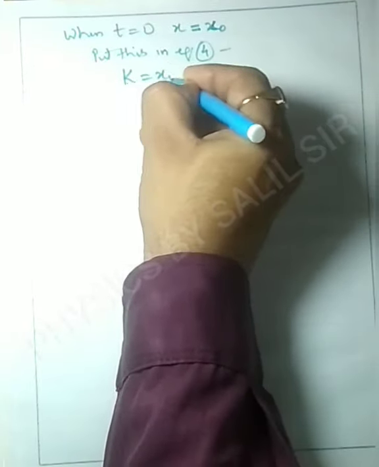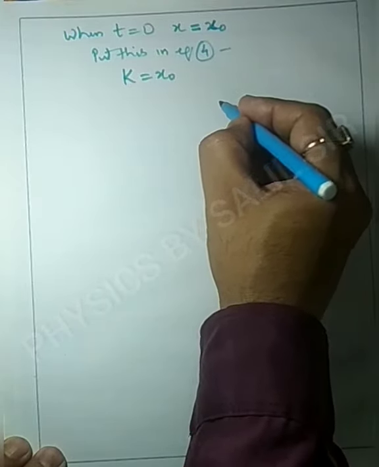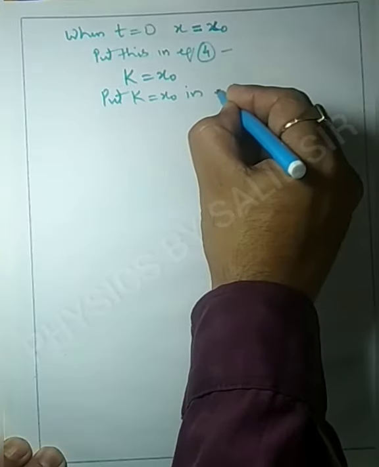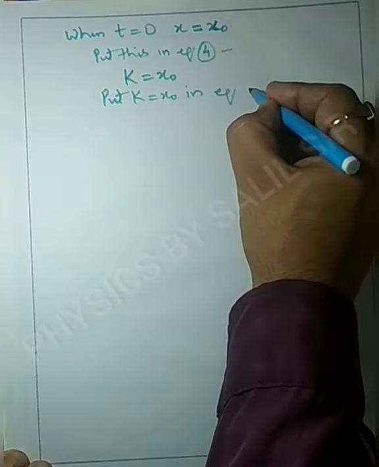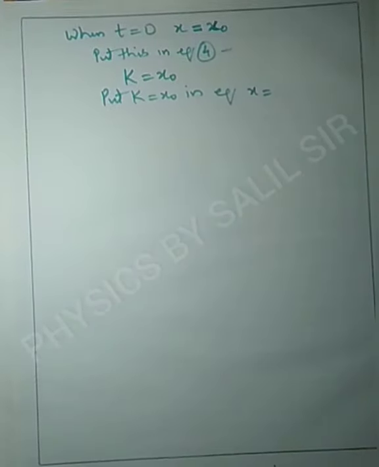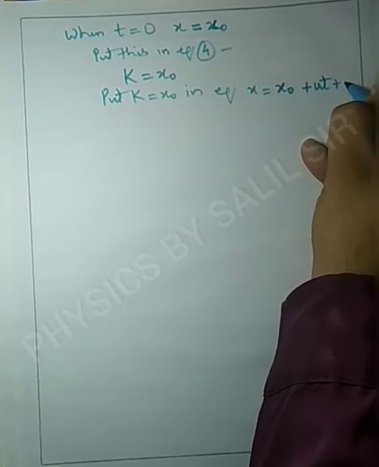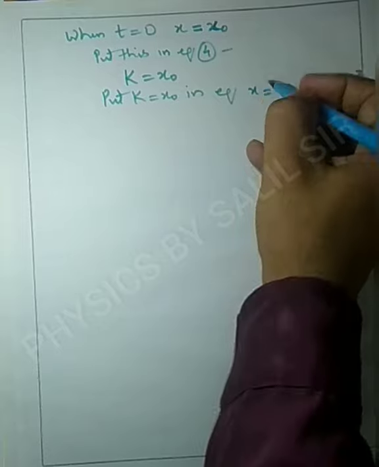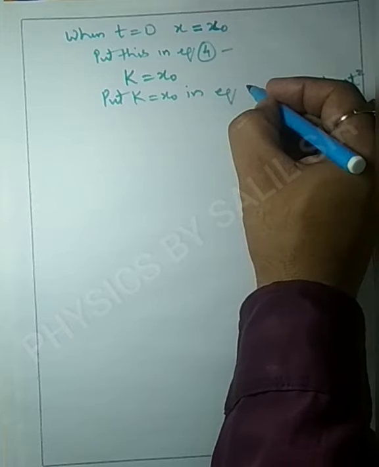So k is equal to x naught we will get, and now put k is equal to x naught in the equation x is equal to x naught plus ut plus half at square, and this was our equation number 4.